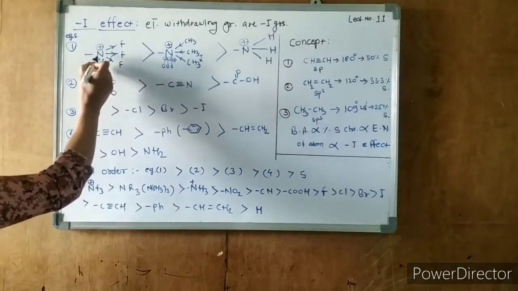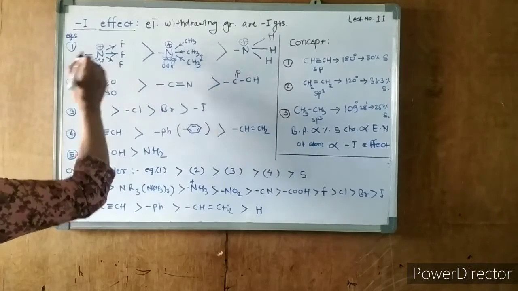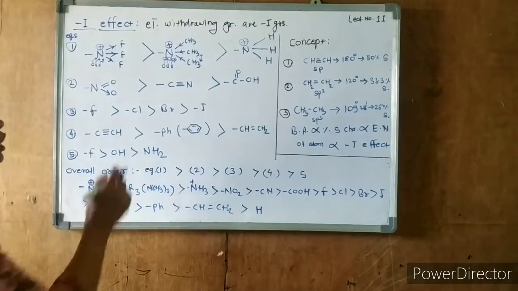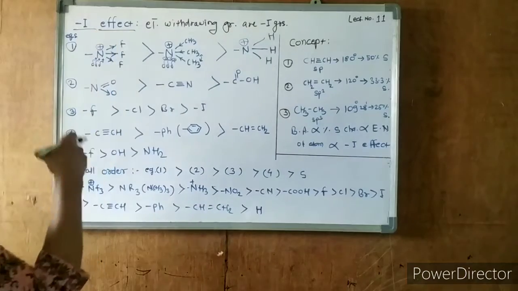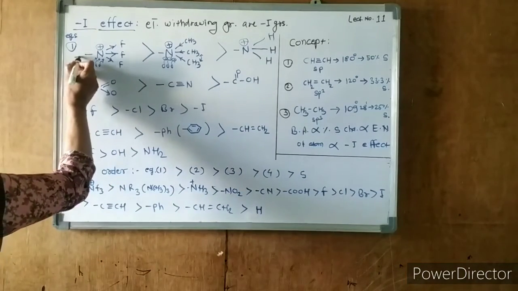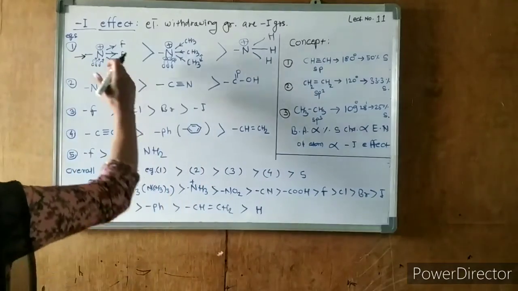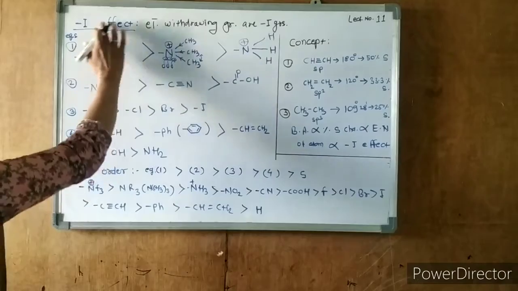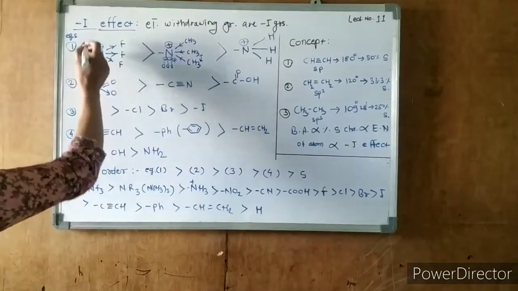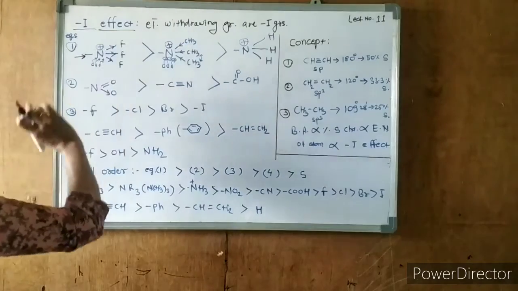And so the nitrogen will acquire delta positive charge. So this nitrogen becomes electron deficient, and in turn it will withdraw electrons from this side, and that's why this NF3 group will show minus I effect, right?